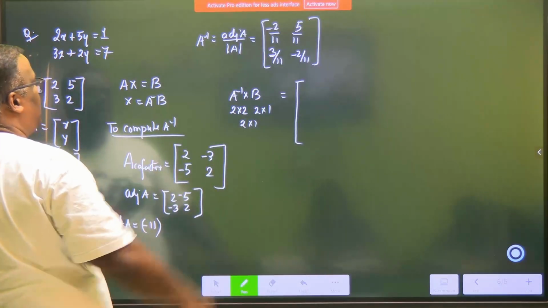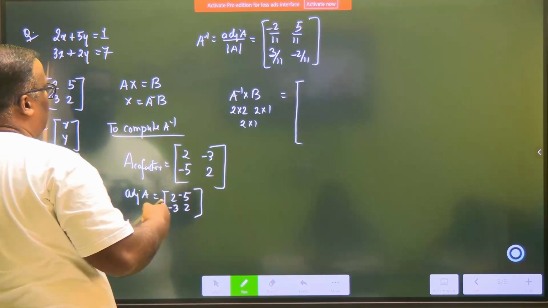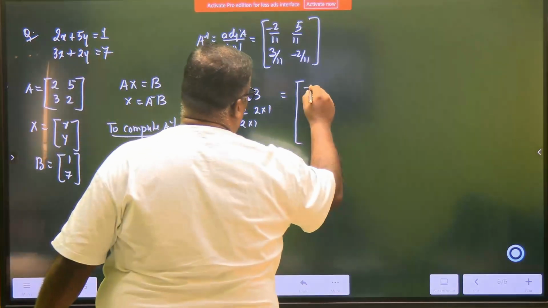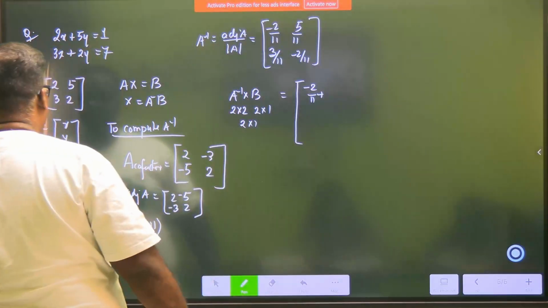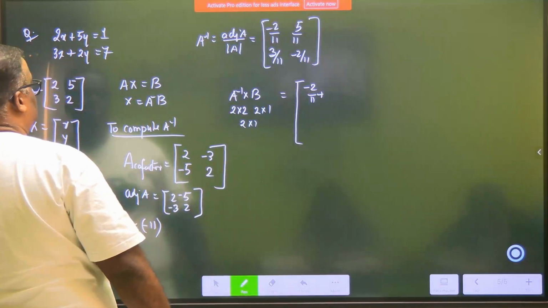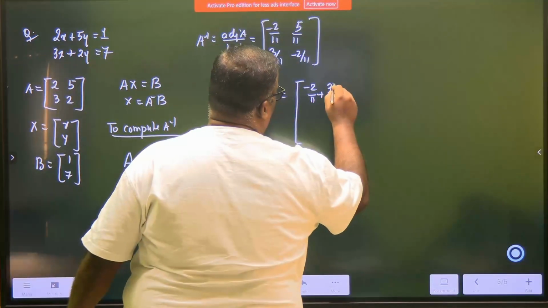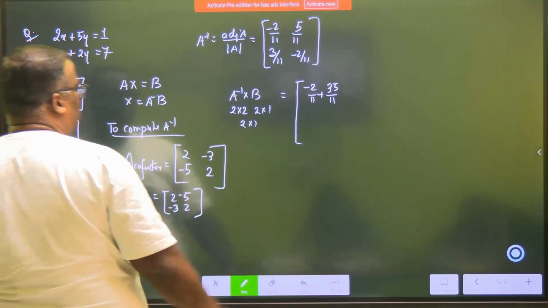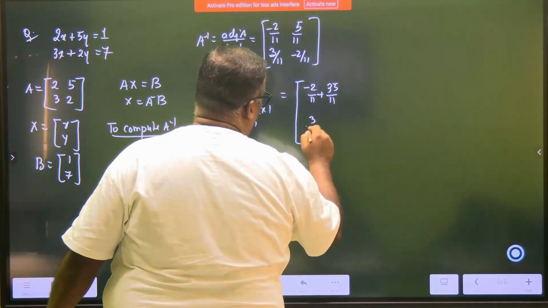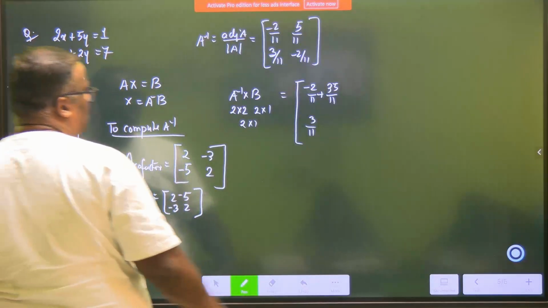So you're multiplying this with B. So minus 2 by 11 into 1 is minus 2 by 11 plus 5 by 11 into 7, which is 35 by 11. Very good. Then 3 by 11 into 1 is 3 by 11 plus, so it will be minus 14 by 11.